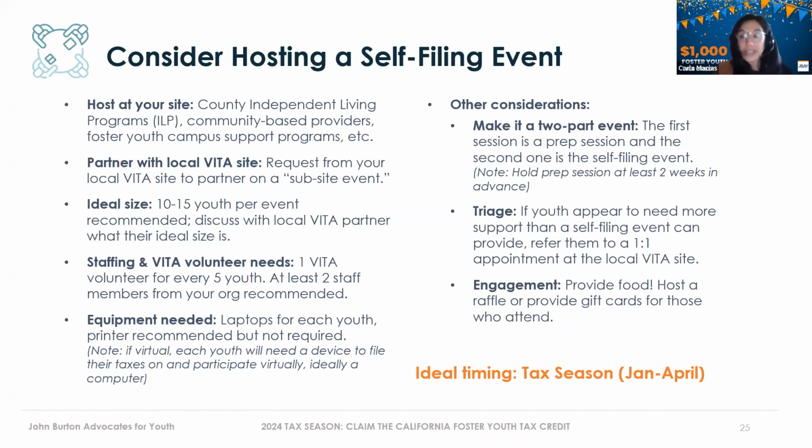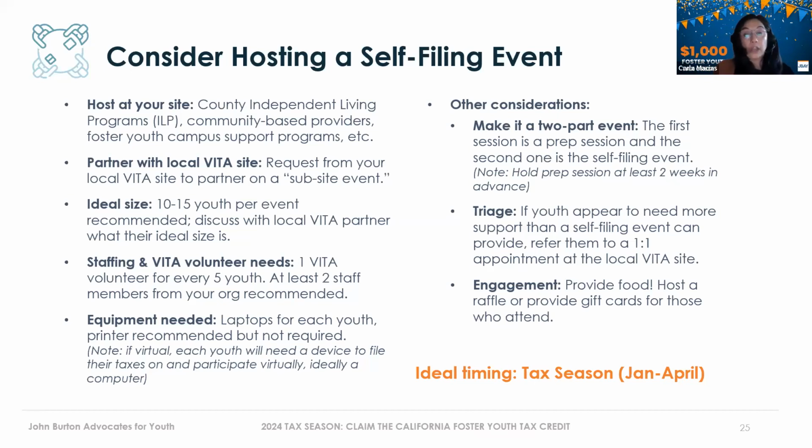For an in-person event, you want to have some privacy for the individual youth as they're entering their personal information into the tax platform. So you either want to have a large meeting room or some mid-sized rooms, and again, have privacy for each of the foster youth as they're inputting their information, and have the self-filing guide at each station.